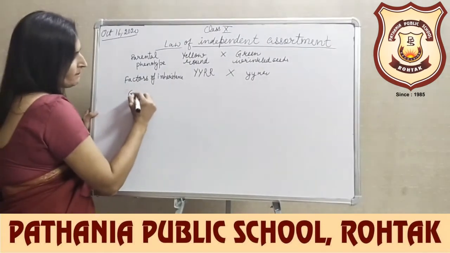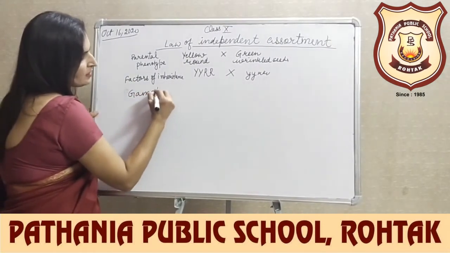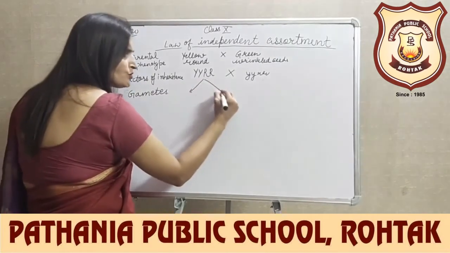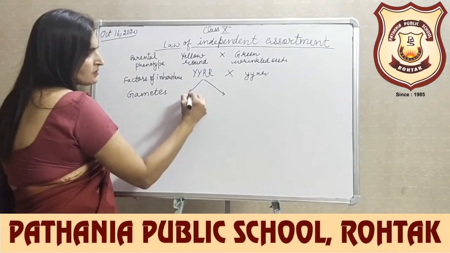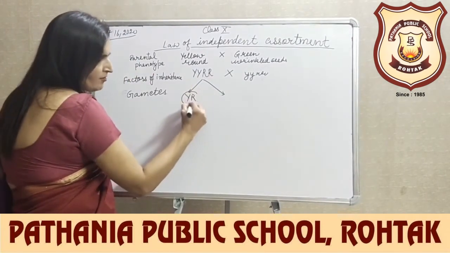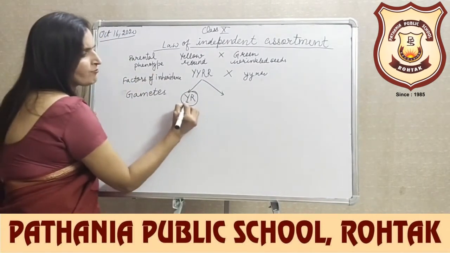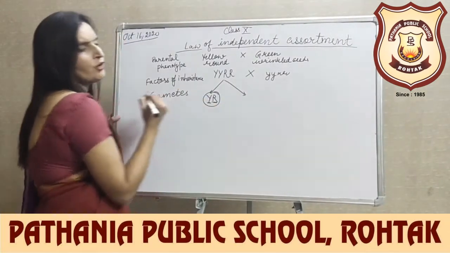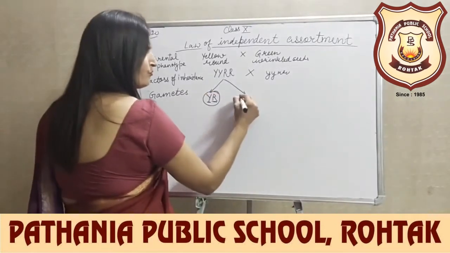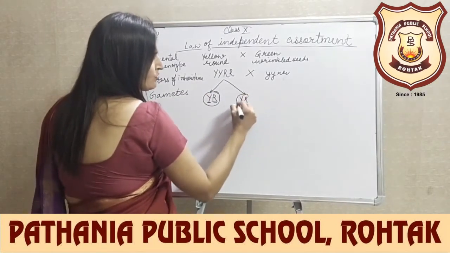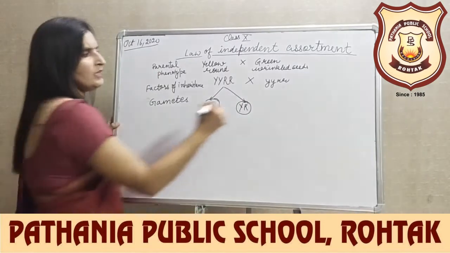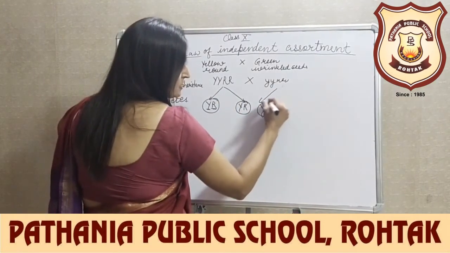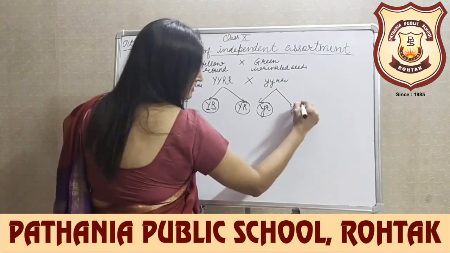Gametes. The gametes produced by this plant will have the factor for color as well as the factor for shape. This will also have factors for color and shape simultaneously.